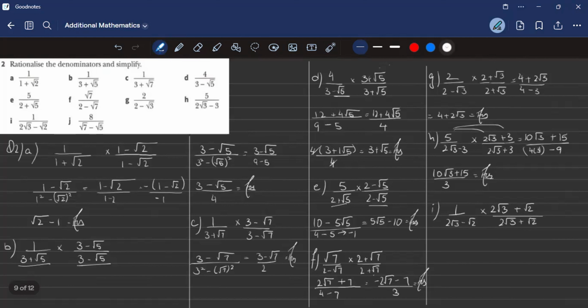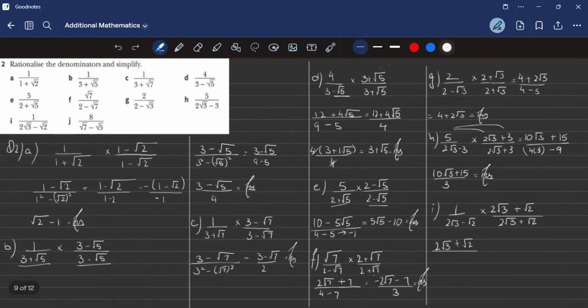Okay, so we have 2 under root 3 plus under root 2 in the numerator, and in the denominator we have a squared. 2 under root 3 squared is 2 twos is 4, and under root 3 squared is obviously 3. So we have 12 instead of 4 multiplied by 3.